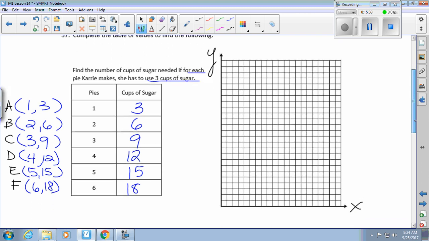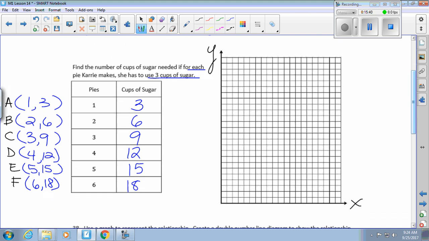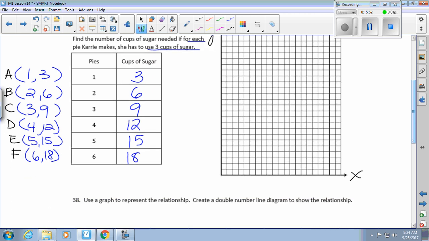Okay, so now the other thing we need to think about is our values for our coordinates. So if you look at just the x values here, it goes from 1 to 6, right? So you guys in 5th grade were used to counting each line as 1. If we do that, we're going to have our entire graph smushed into this little section right here.